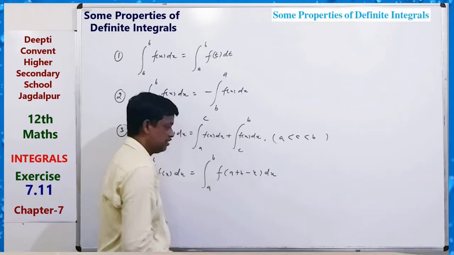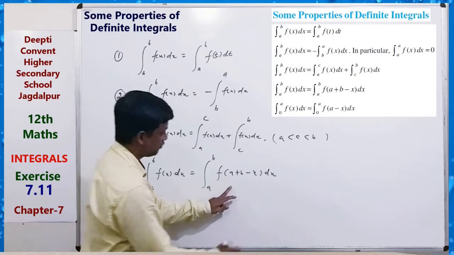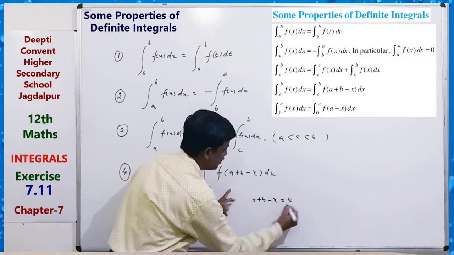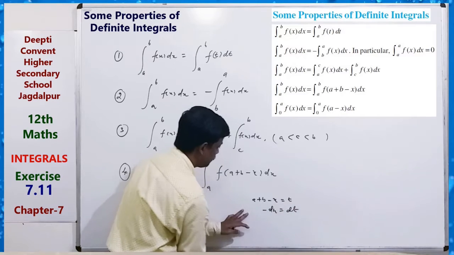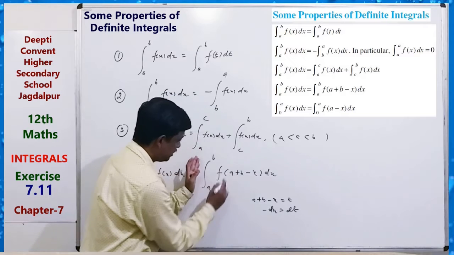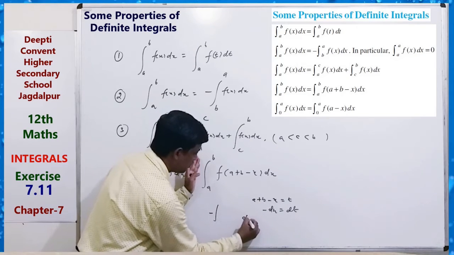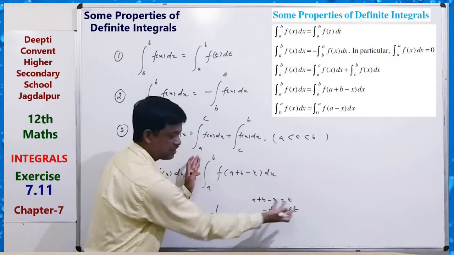Suppose a + b - x equals t. Differentiating, minus dx equals dt. So the right side becomes minus dt in place of dx.